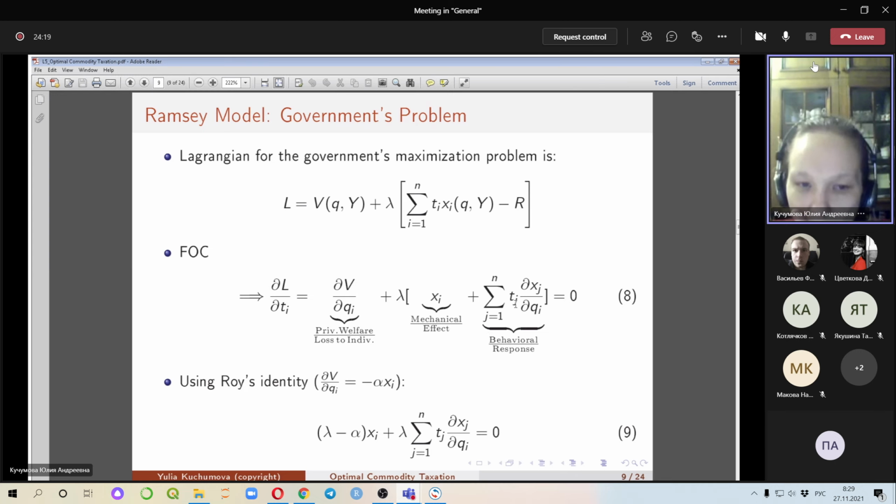Now we need to recall some things from your microeconomics course. I will not stop much on this. If you don't remember some of those equations I mention now, just Google them, go to Wikipedia, and remind yourself.